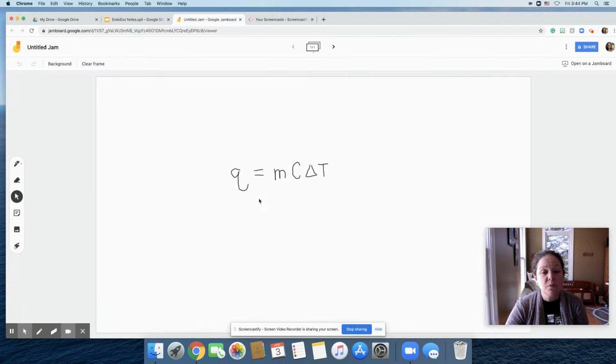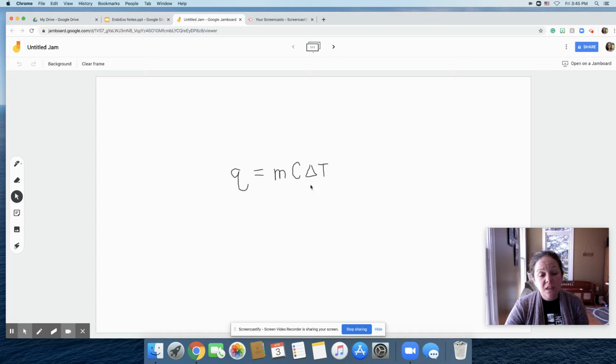This is just a rearrangement of the equation. Q, remember that Q equals heat. Q represents heat, equals M, which is mass, C, specific heat, and delta T is change in temperature. I remember this as Q equals MCAT. That's the easiest way for me to remember it.